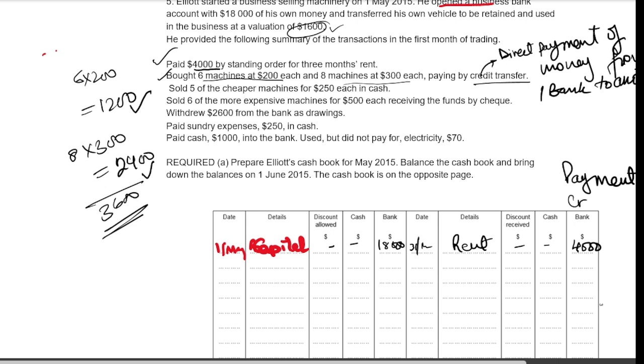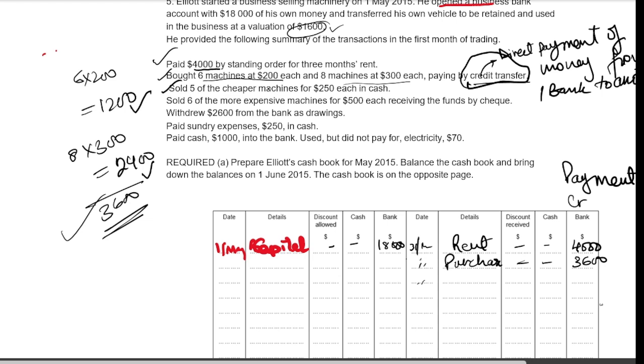When you make a direct payment from one bank to another, the terminology is credit transfer. So 3600 is the bank transfer, right? And you purchased something, so you just write purchase, and in the bank column 3,600.